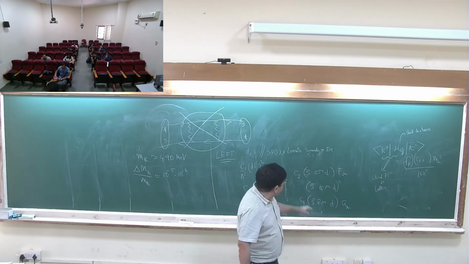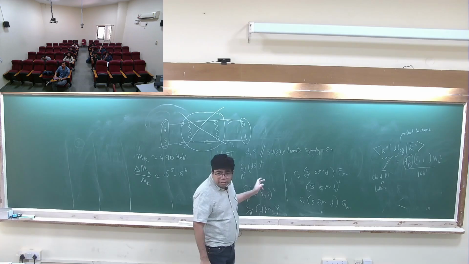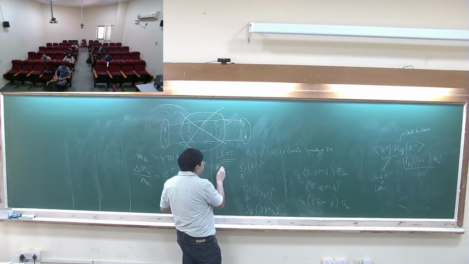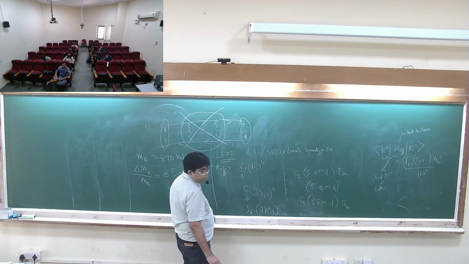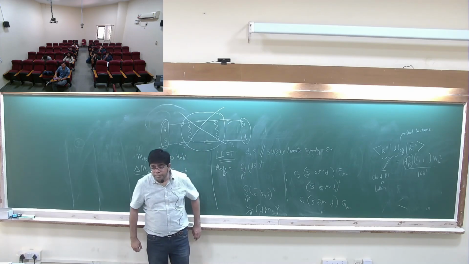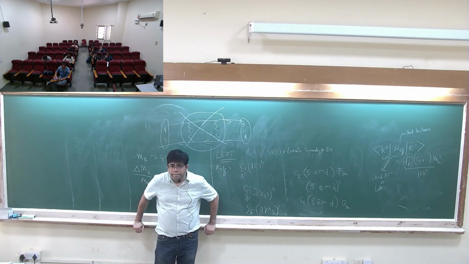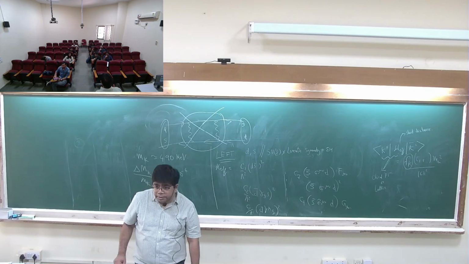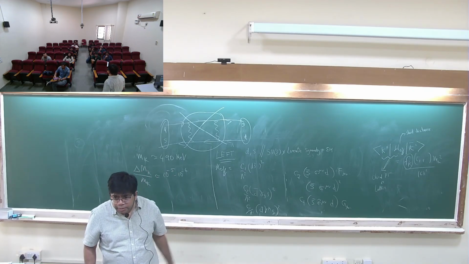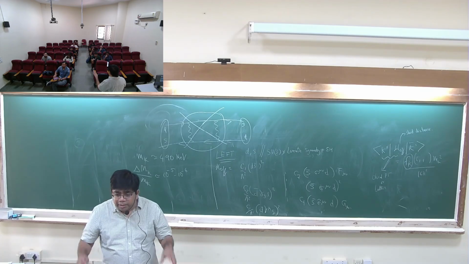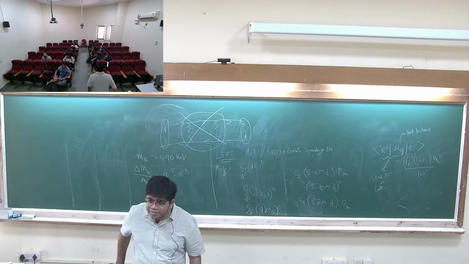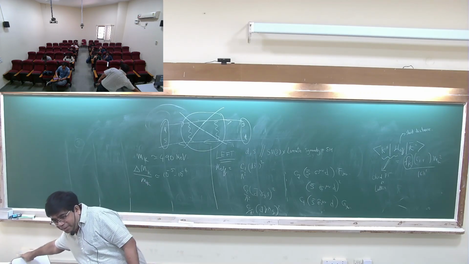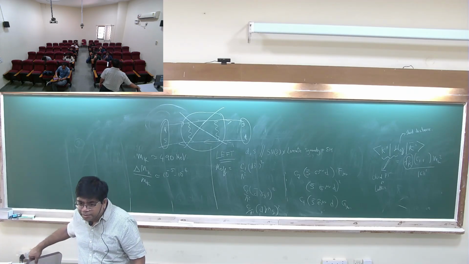H effective is short distance, because you are writing in terms of the quarks. This is your H effective. This is high energy. K0 bar is long distance. Remember your QCD. QCD is always long distance.